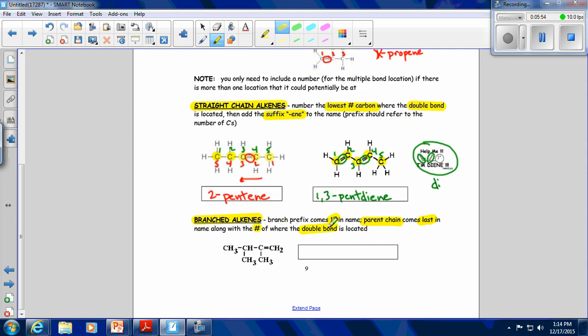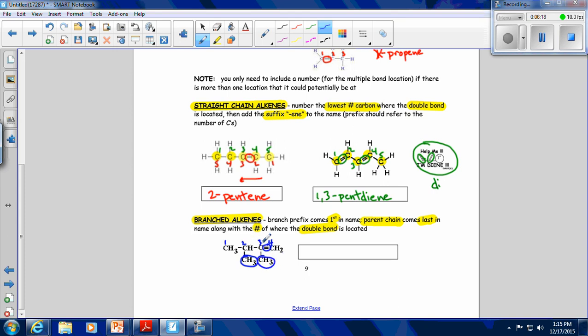All right, so our longest possible chain is going from 1, 2, 3, 4. So simply going from left to right. Here's the location of our double bond. That's important when it comes to our naming. Here are our 2 branches, 2 methyl groups being branched off of number 2 and number 3.